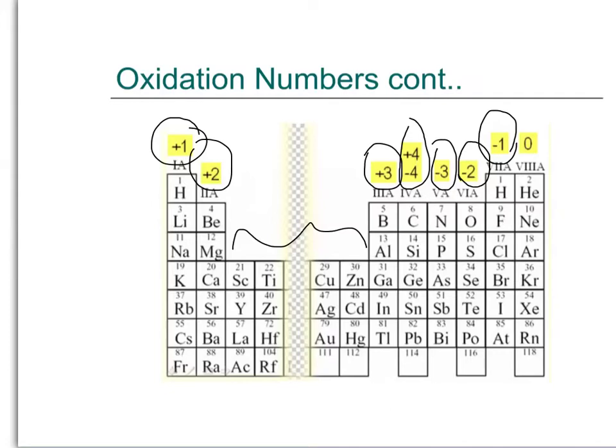The negative means they took that negative charge. So all the ones in the carbon group will take 4. All the ones in the nitrogen group will take 3. All the ones in the oxygen group will take 2. The halogens will take 1. And again, the noble gases won't take any. So it's going to be very important that you know and can determine what the oxidation number is for every element on the periodic table.